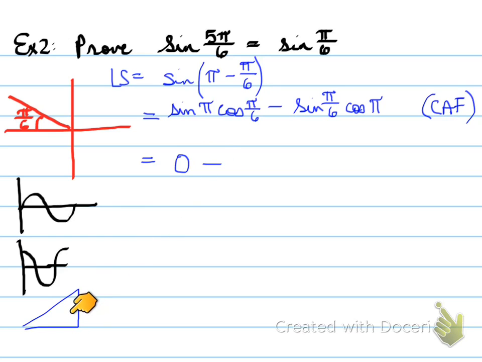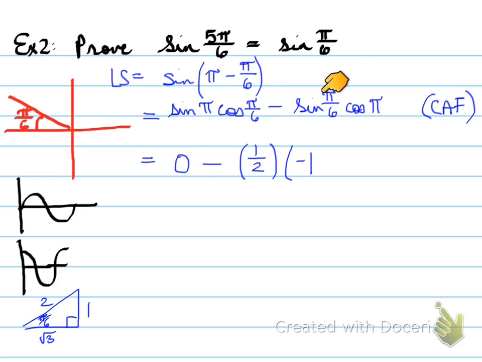The special triangle of pi over 6 is going to be 1, 2, root 3 as such. So we need to evaluate sine of pi. Looking at the sine function, sine of pi will be this value right here. That equals 0. 0 times anything is 0, so we left it as 0.